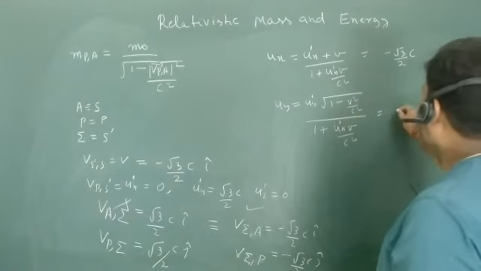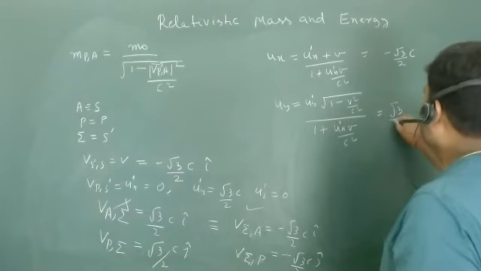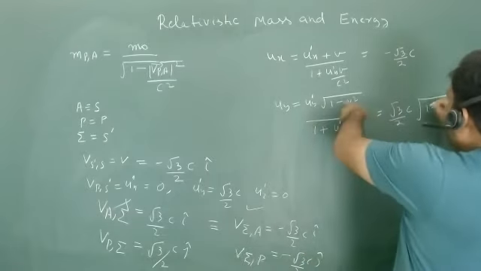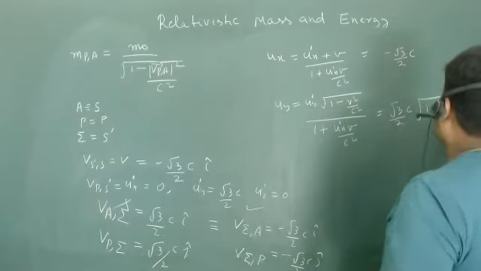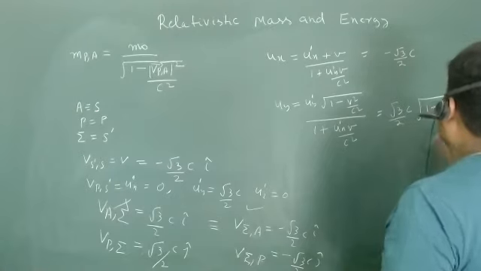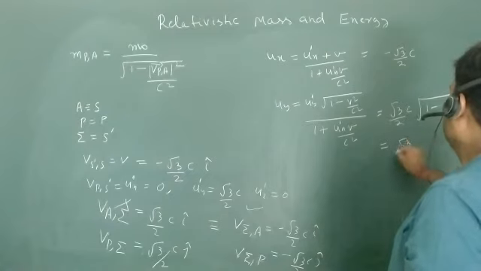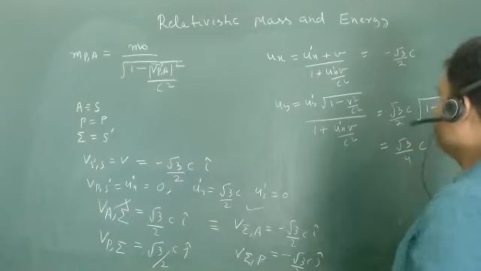So what is UI dash? That will be root 3 by 2c times root of 1 minus V square, which is 3 upon 4. So this value is root 3 by 4c.